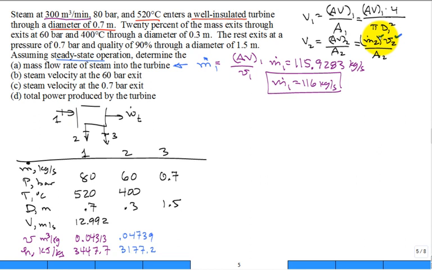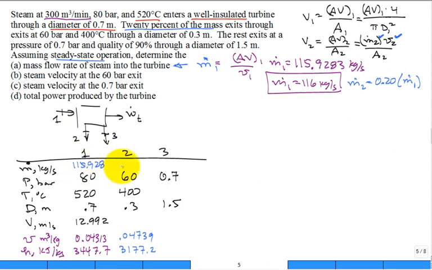It's steady state, and 20% of the mass exits through state 2. So we calculate that mass flow rate 2 is equal to 0.20 times the mass flow rate inlet at 1. And I might as well, since I have the table, go ahead and put in our values: 115.9283.